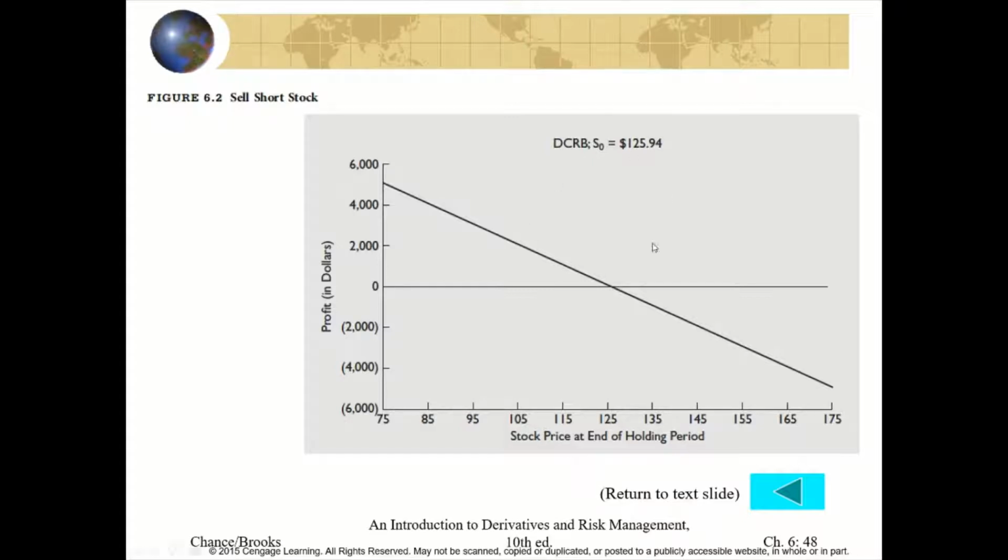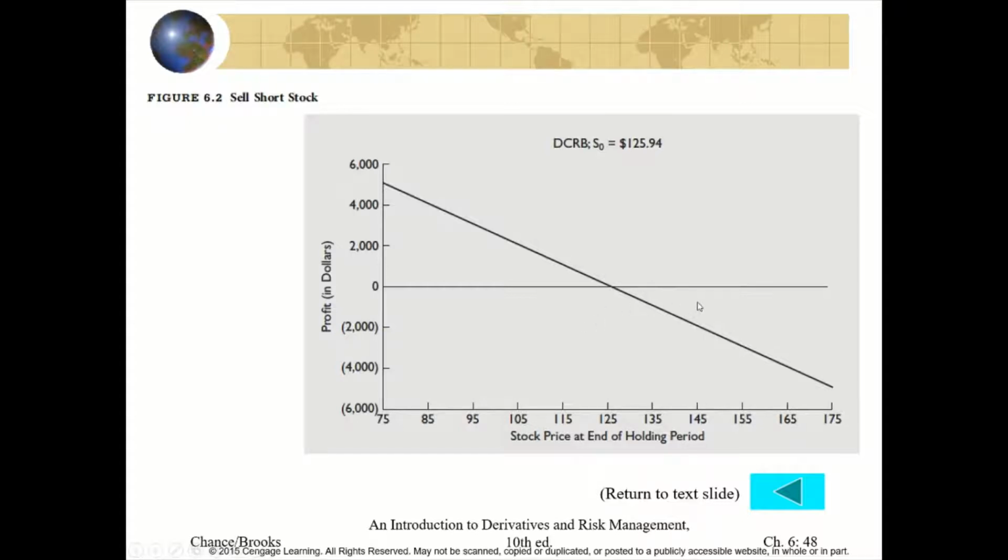Now, if the price went up, you might be forced to buy the stock because of an exposure that the lender of the stock has, which is your inability to return the stock you borrowed.